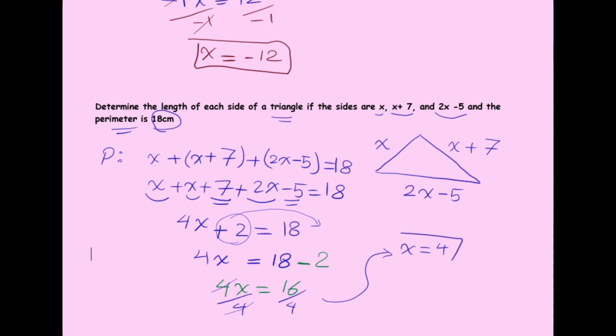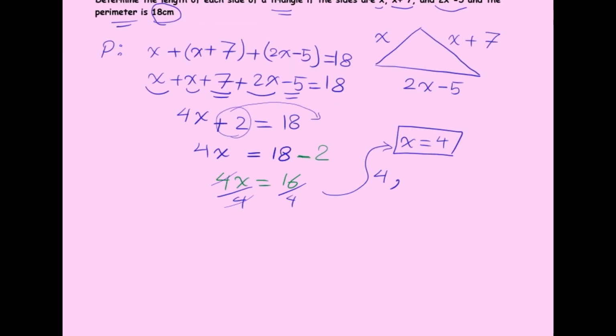So, question asking you determine the length of each side. If you stop here, you will lose some portion of your mark in final exam. You have to determine each length. So therefore, one side is exactly 4. Another side is 4 plus 7, which is 11.